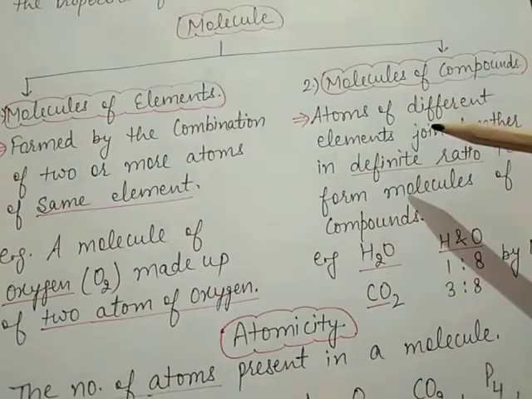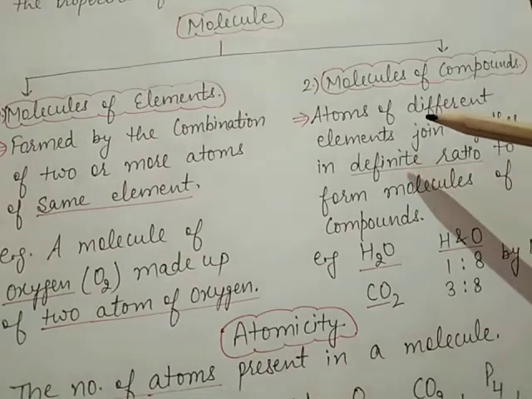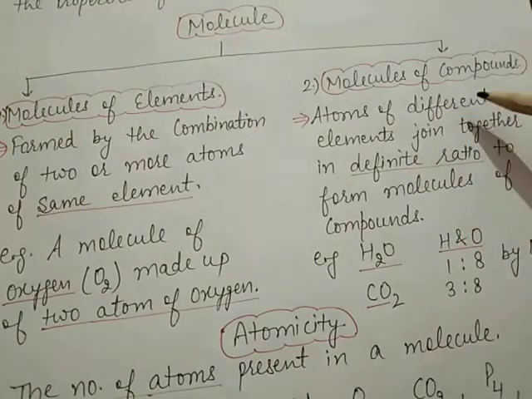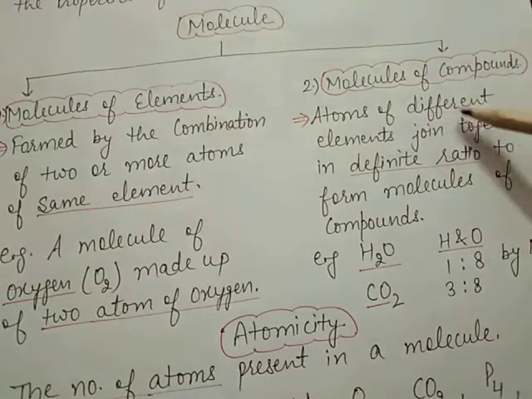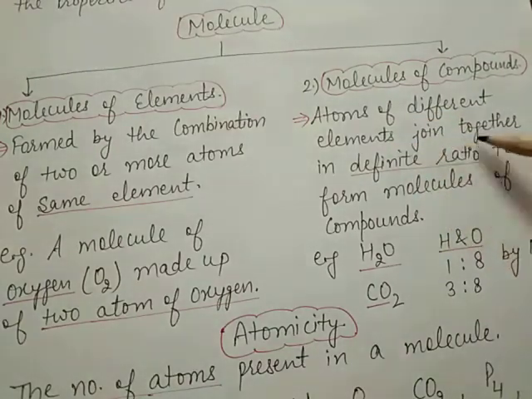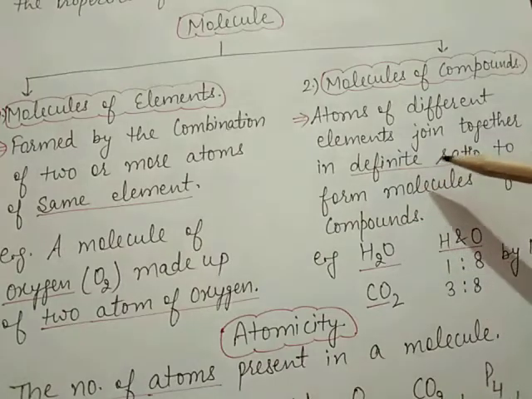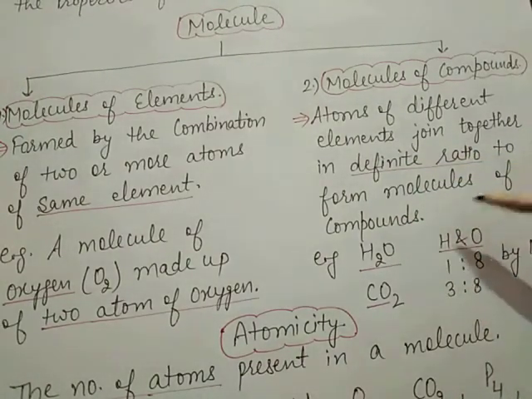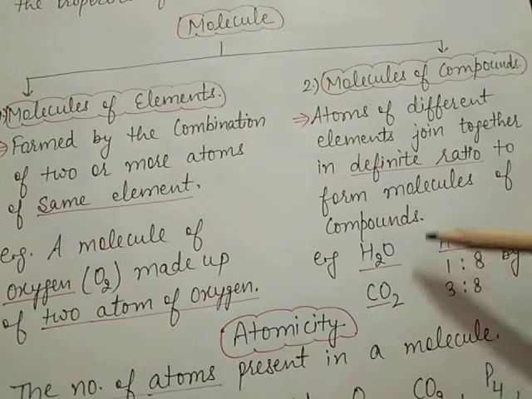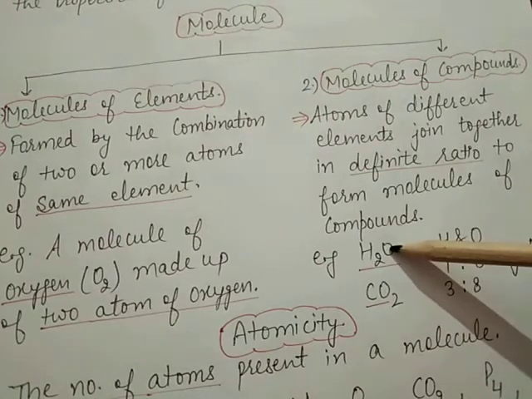Now next is the molecule of a compound. Atoms of different elements join together in a definite ratio. Definite ratio means fixed ratio, to form a molecule of a compound. Like H2O.